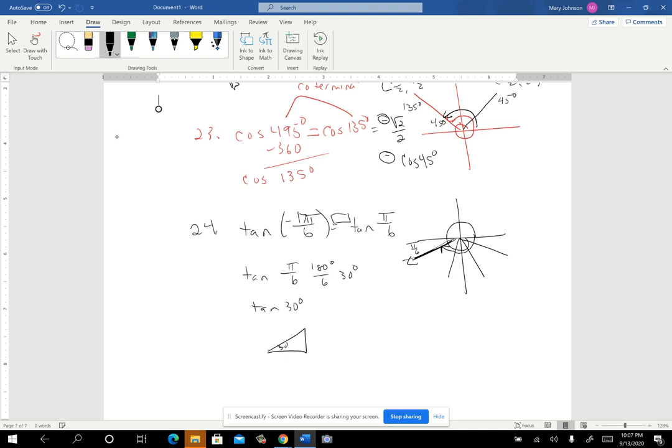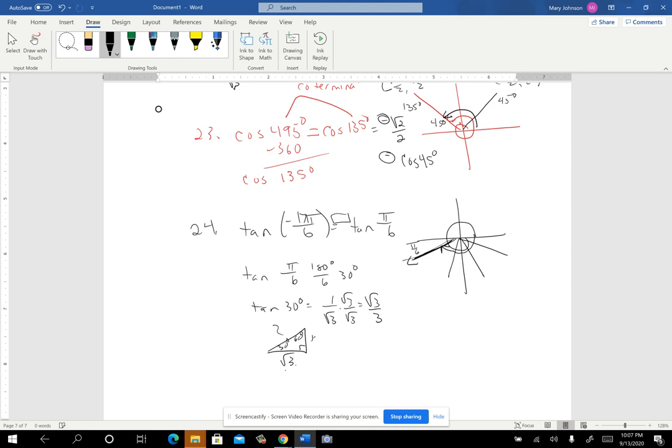I think about the 30, 60, 90 triangle. Tangent is opposite over adjacent, that'd be 1 over square root of 3, which would be square root of 3 over 3.